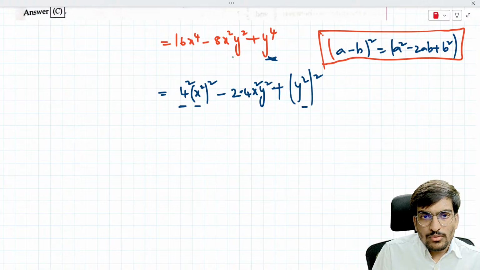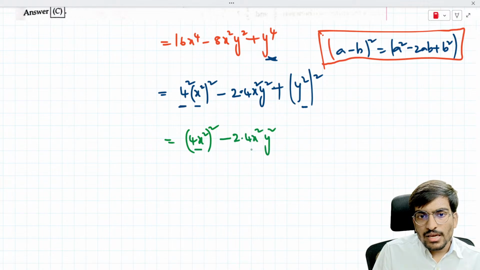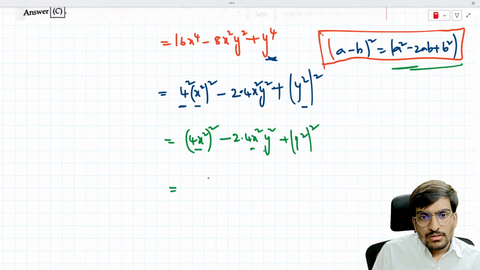I'll just write one more step. 4x square whole square minus 2 into a into b. You see this a, b is this. So perfectly matching a square minus 2ab plus b square. Now we have to reduce this.